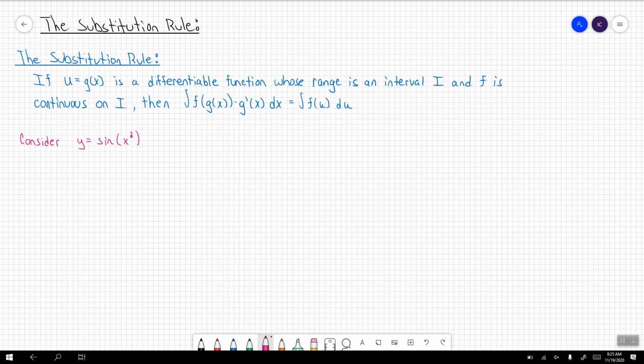So if we're looking at y is equal to sine of x squared, and if I were to say, let's take the derivative for y, we would get y prime: take the derivative of the outside function, which would now be cosine of x squared, and then multiply by the derivative of the inside function, and we would then get that y prime is 2x multiplied by cosine of x squared.